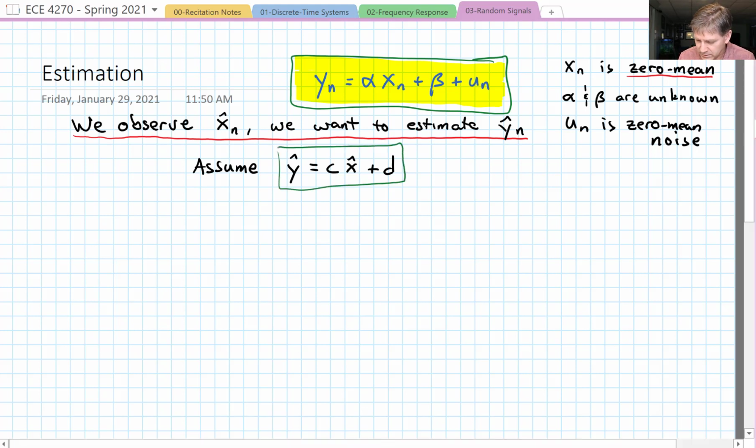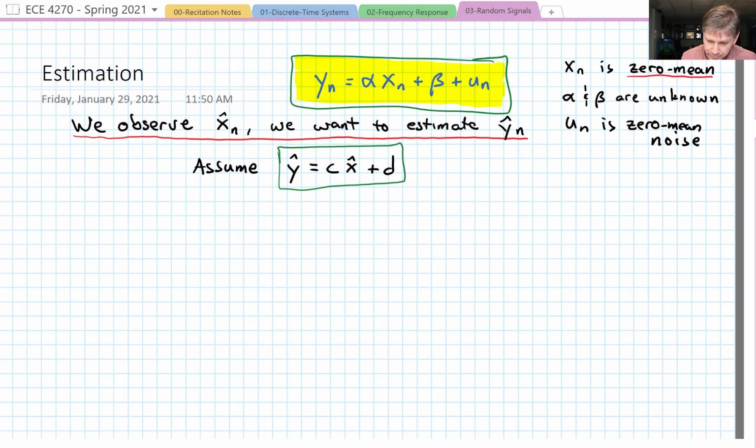So you can see that it's closely related to what we had before with y. We have multiple steps to do this. You might guess, and I'll tell you ahead of time, a little spoiler here, correctly, that we want c to be the same as alpha and d to be the same as beta. But remember, we don't know those yet.